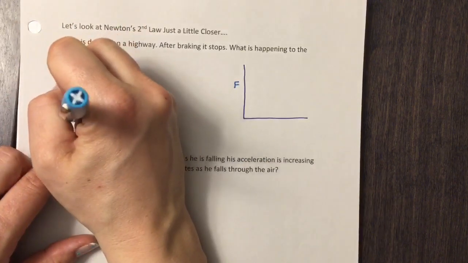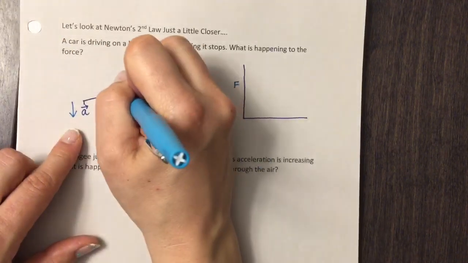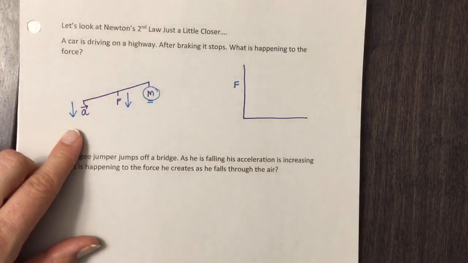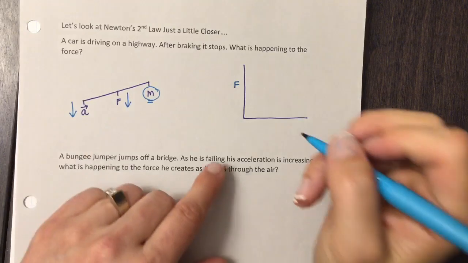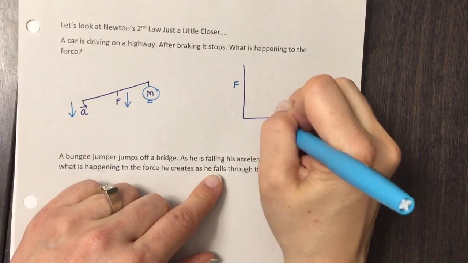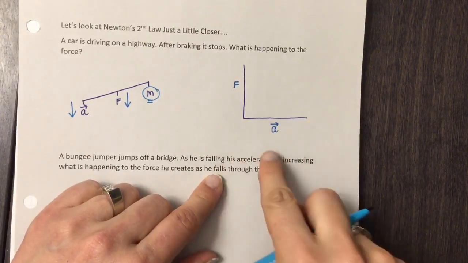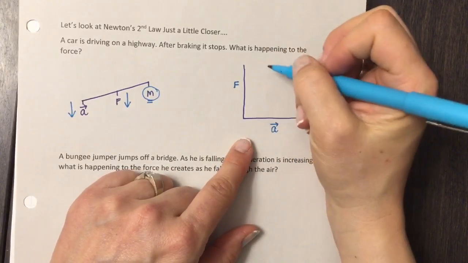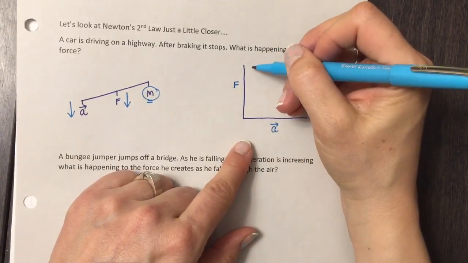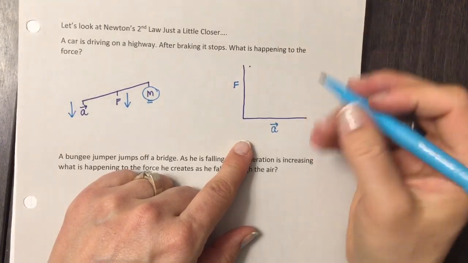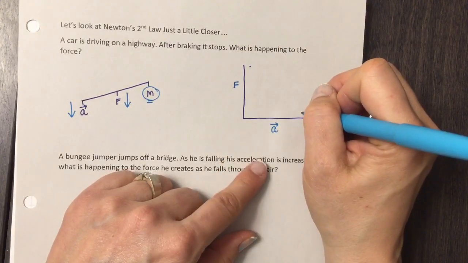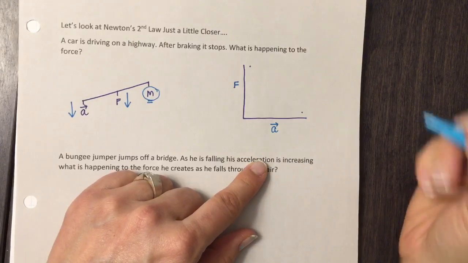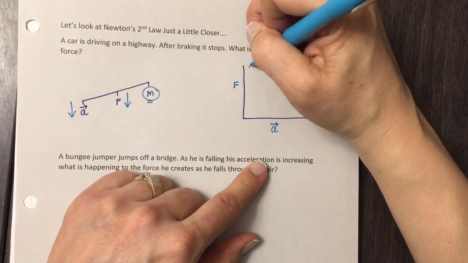So we're saying after it brakes, what is happening to the force? Our acceleration is going down, which means our force is also going down. So that means acceleration is over here, because that's the one we're changing.